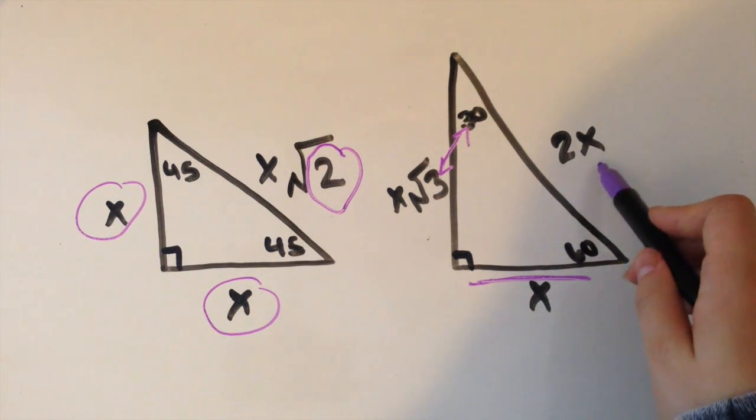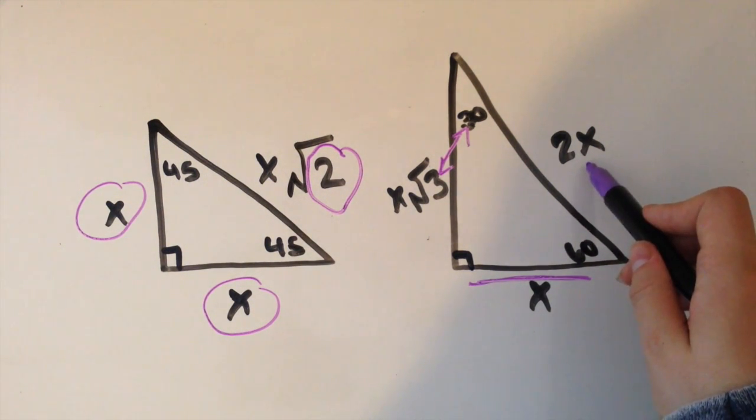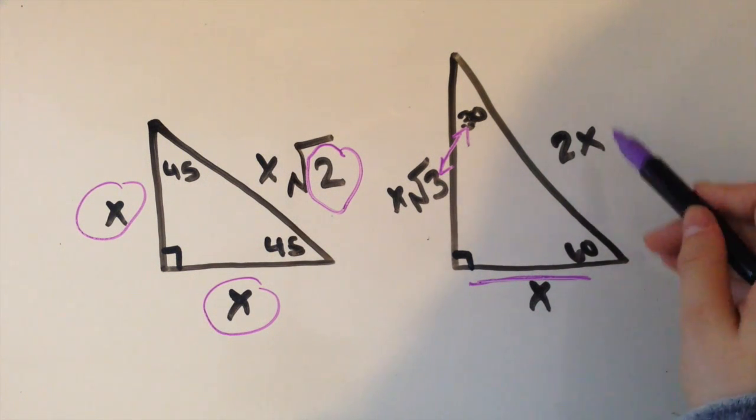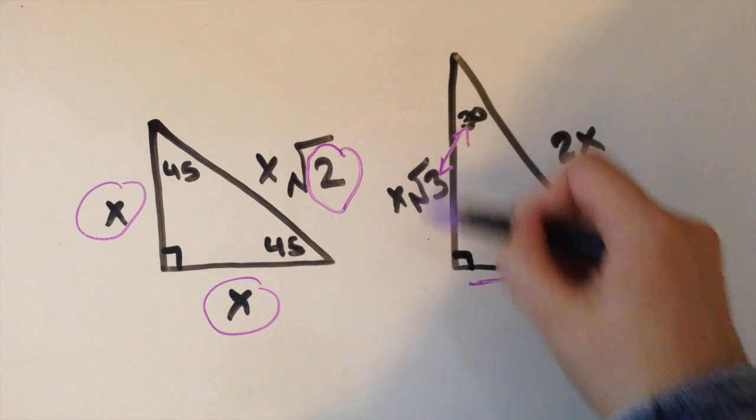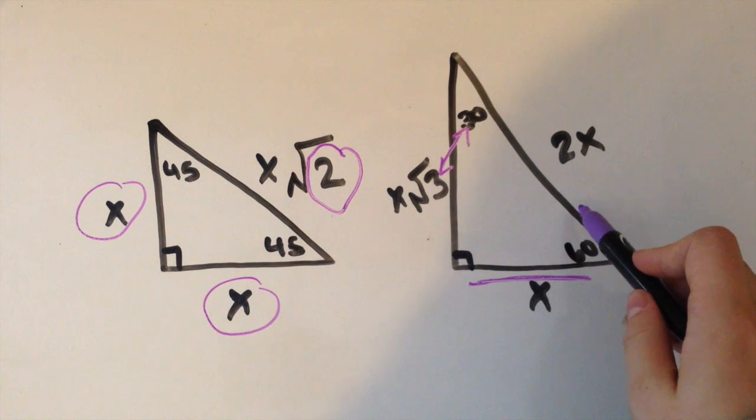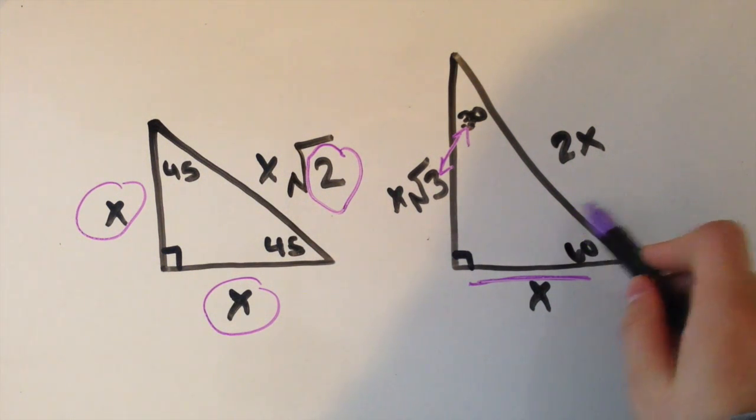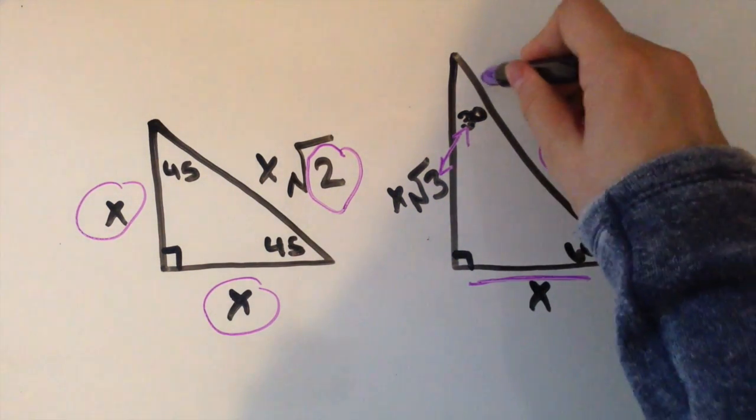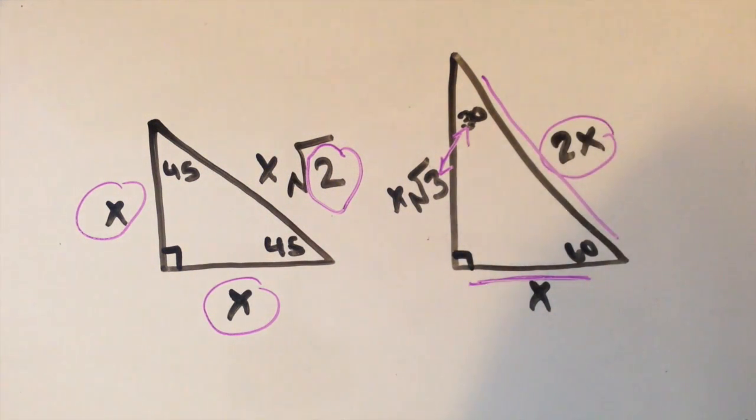And to remember 2x, you know that 2x is the largest side because 2x is going to be the largest number in this triangle. And the hypotenuse is always the longest side. So you have the largest number on the longest side.